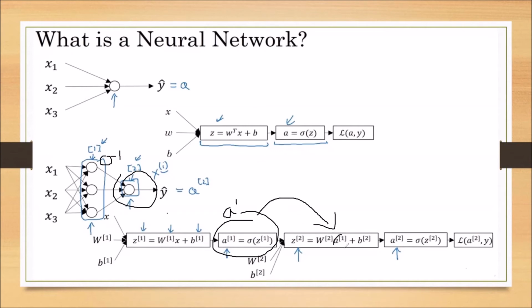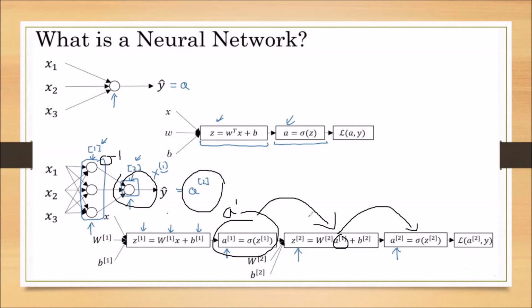Now W superscript 2 into A superscript 1, because we are multiplying with the previous layer activation units, plus B2. From this Z2, we are calculating the predicted output A2. To calculate the predicted output, we are using the same forward propagation.